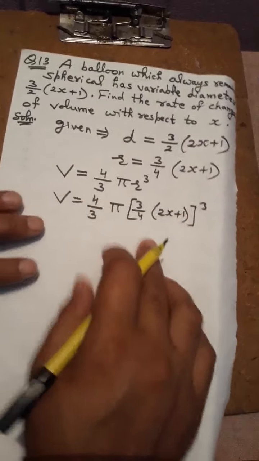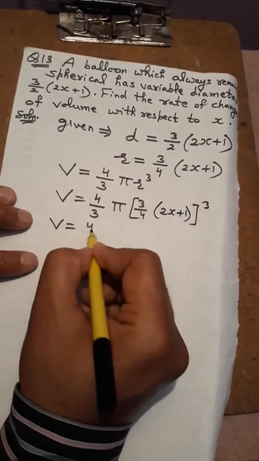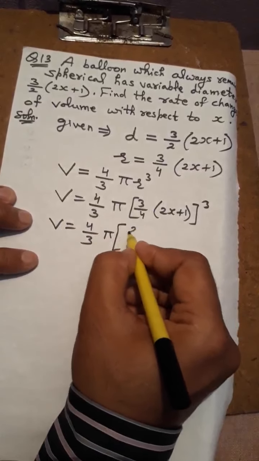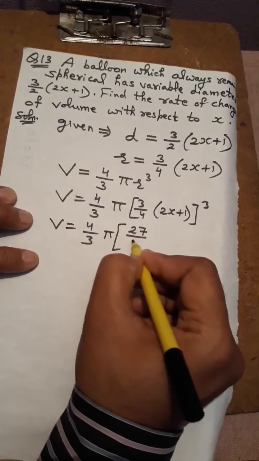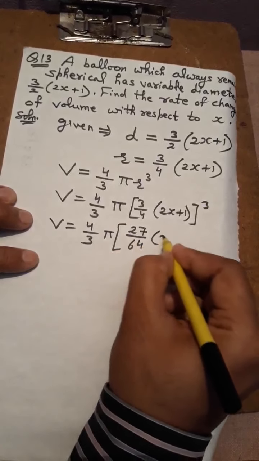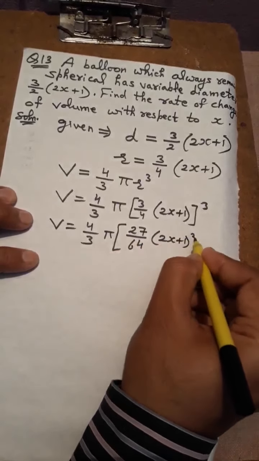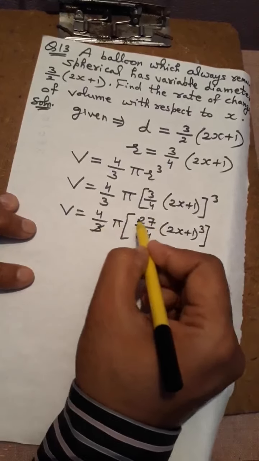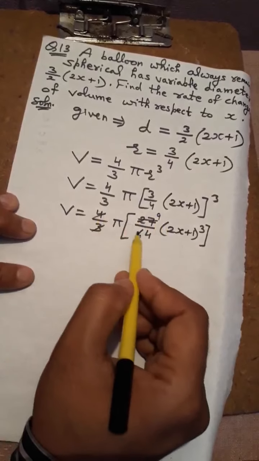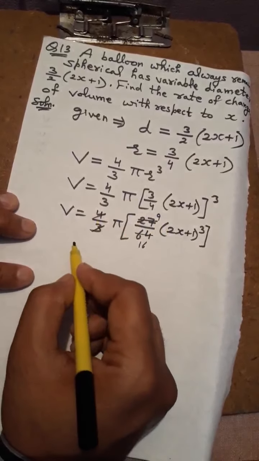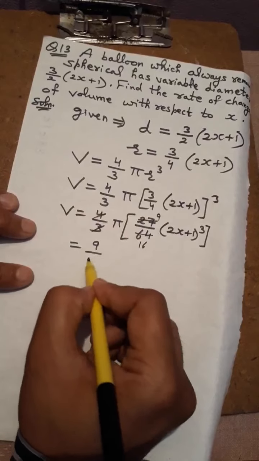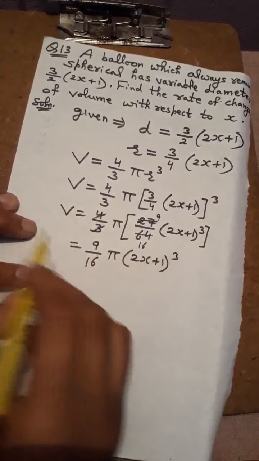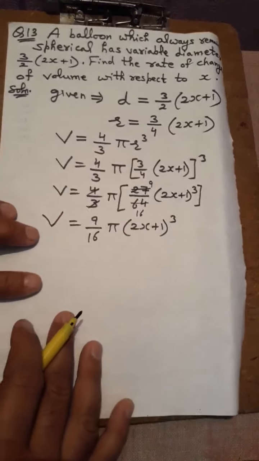Let us simplify firstly. This 3 is cancelled, this 4 is cancelled, and we get 9 by 16 pi into 2x plus 1 whole cube. So this is the value of V.